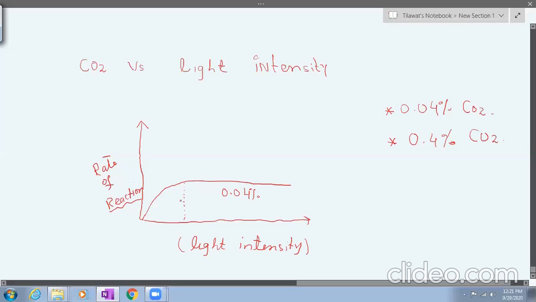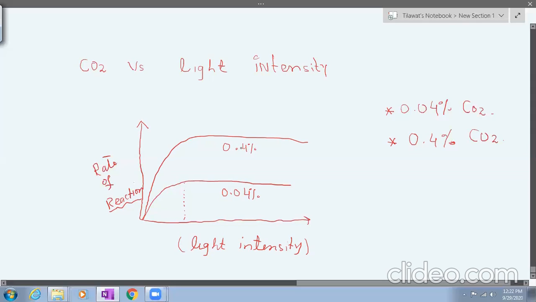So what I did in the second experiment, the same experiment I performed with 0.4% carbon dioxide. We can increase or decrease carbon dioxide concentration in our solution by using sodium hydrogen carbonate.